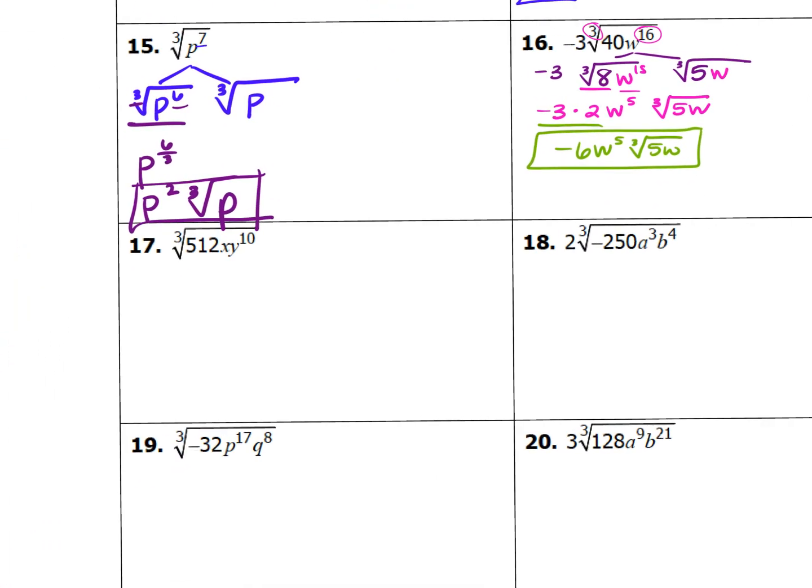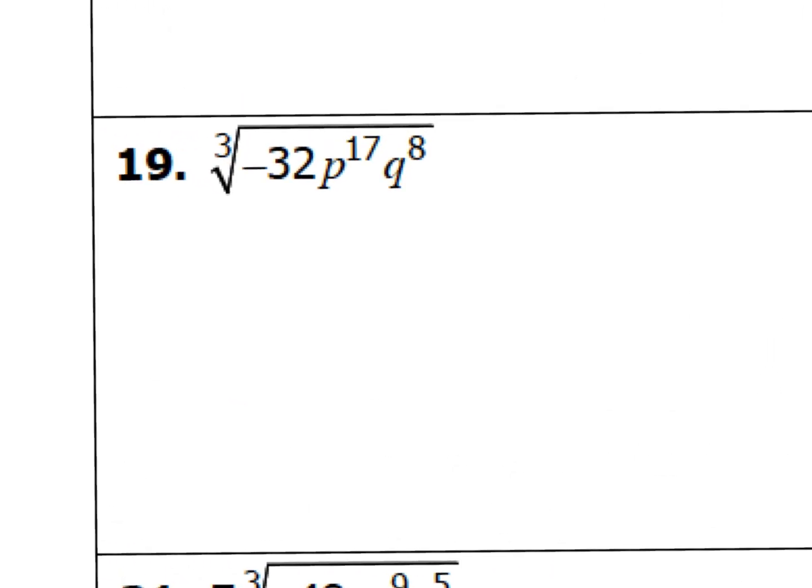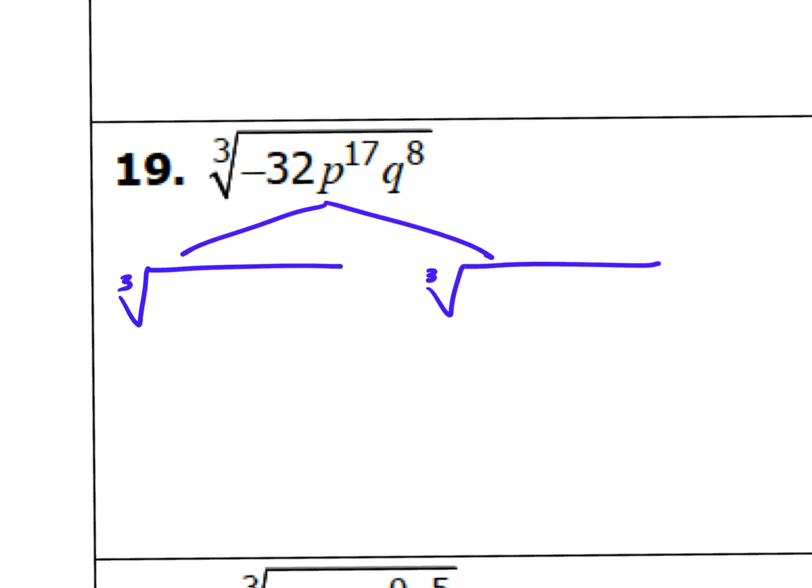Go to 19. Okay, in number 19, is 32 a perfect cube?